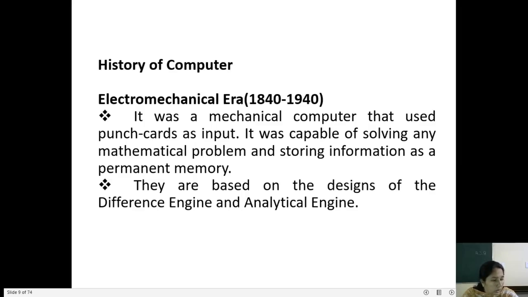We call it the automatic sequence control calculator, and it is around 51 feet long and weighs around 4,500 kgs. It performs addition, subtraction, as well as multiplication. A simple multiplication takes 6 seconds to 14.3 seconds, and it also helps the user perform logarithmic calculations, and it got success.